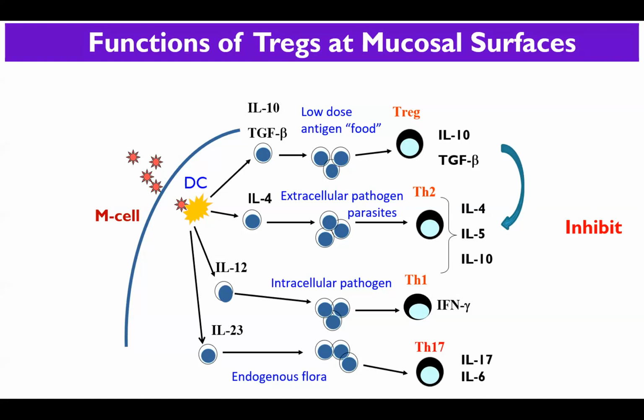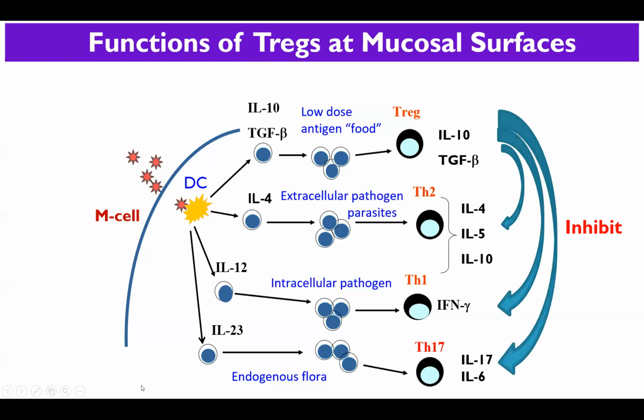These are important because they modulate Th2, Th1, and Th17 immune responses, especially after these effector subsets have done their job, so that they can restore the balance and bring everything back to normal.